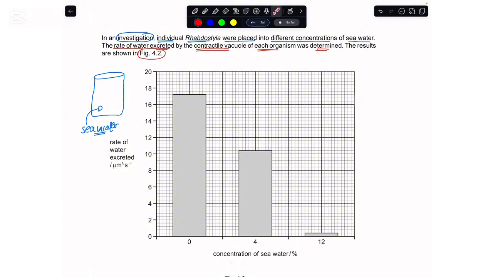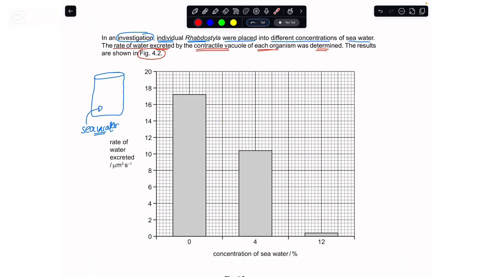Now for the graphs, we need to look at the labelling of the y-axis and the x-axis. The x-axis gives you the concentration of the seawater, and the y-axis gives us the rate of water excreted, which is in micrometre cubed per second. And we can simply see that when the concentration of the seawater is increasing, the rate of water excreted by their contractile vacuole is decreasing.